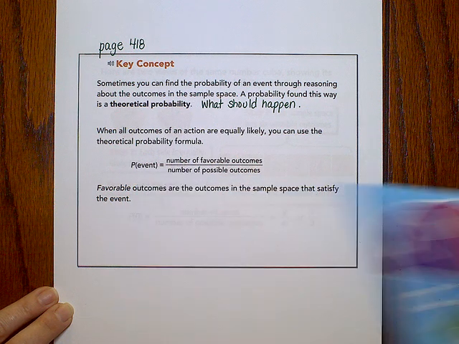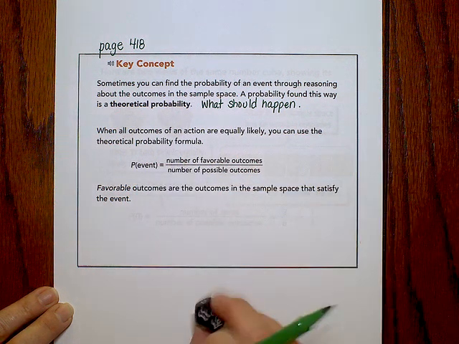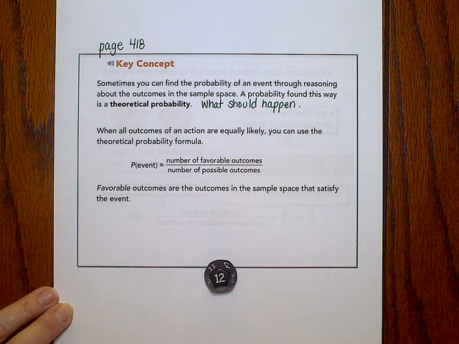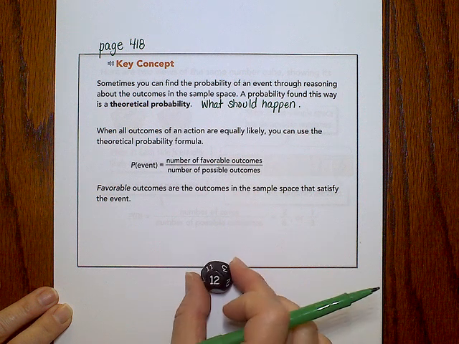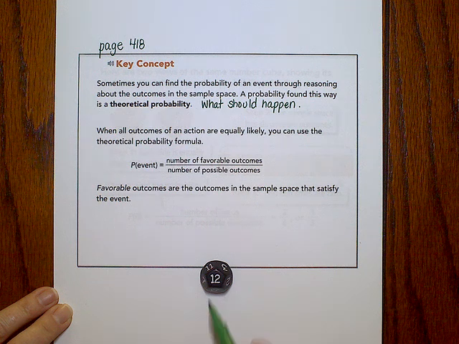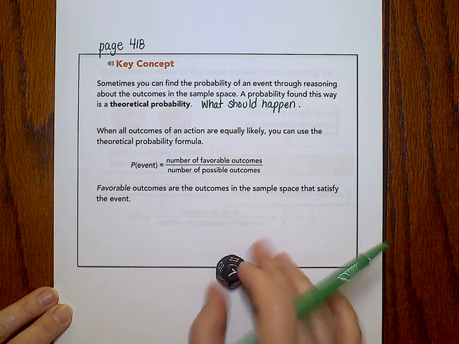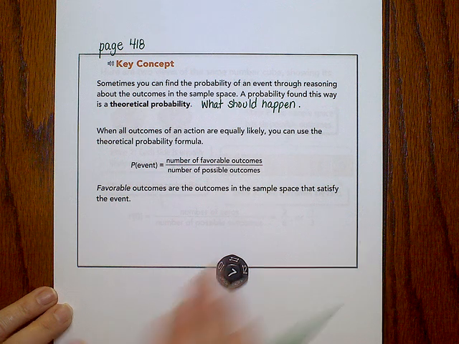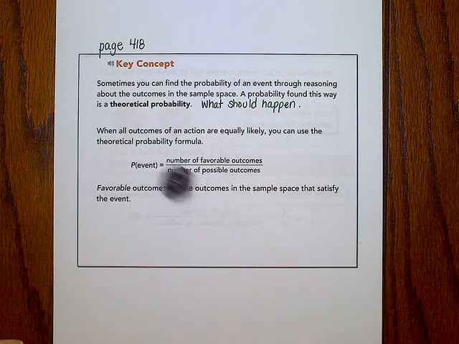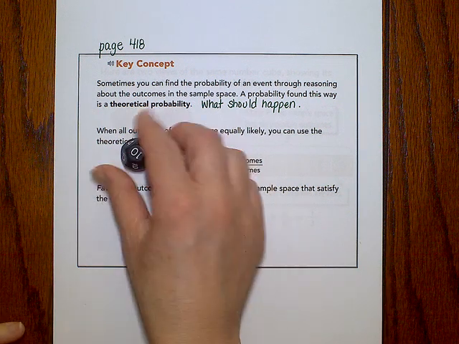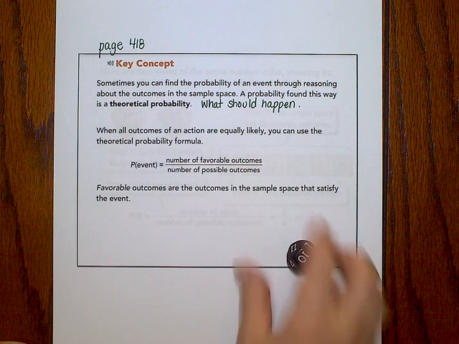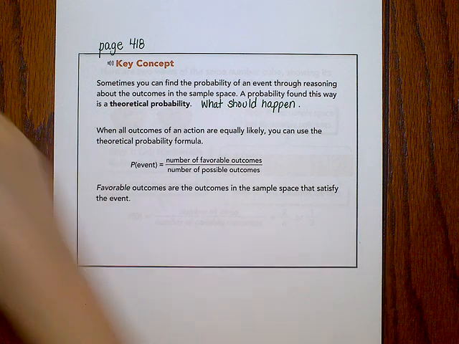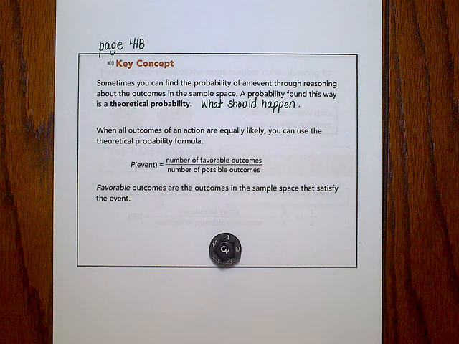Let me bring in this die. This is a 12-sided die. So you'll notice each side is a pentagon, and every side is equally likely to land on. If I were to roll this die, I get an equally likely chance of landing on the 10 as I do landing on a 3.